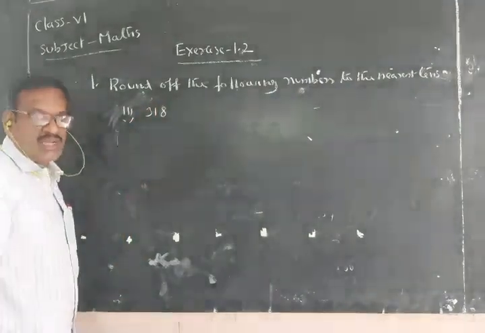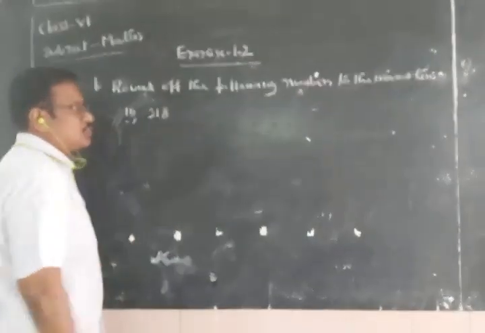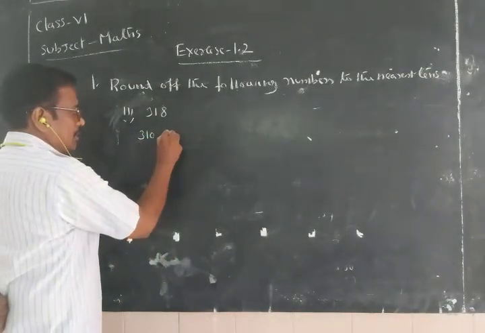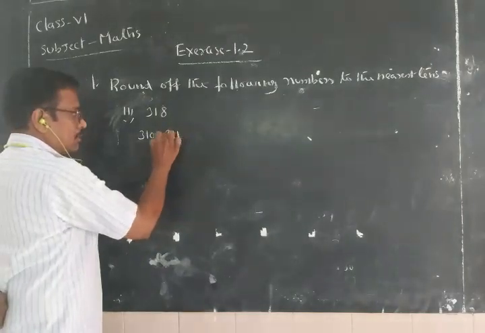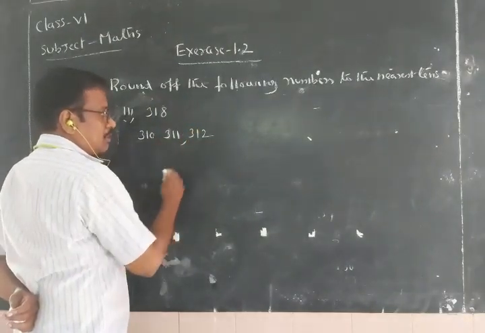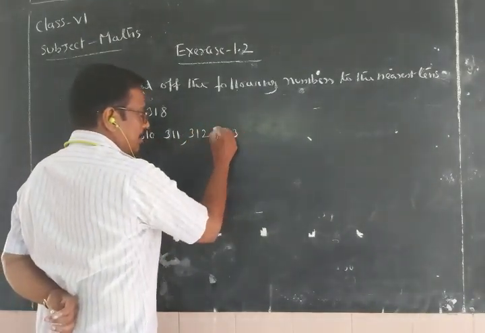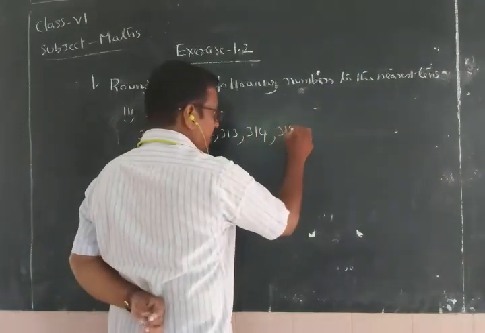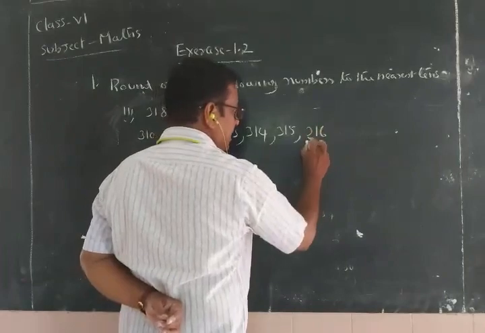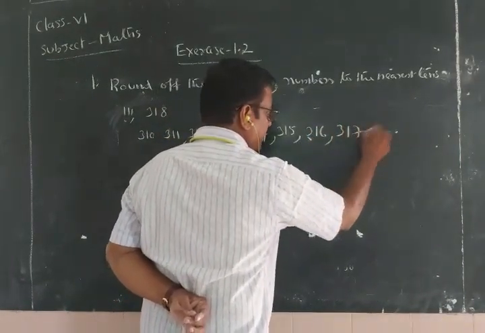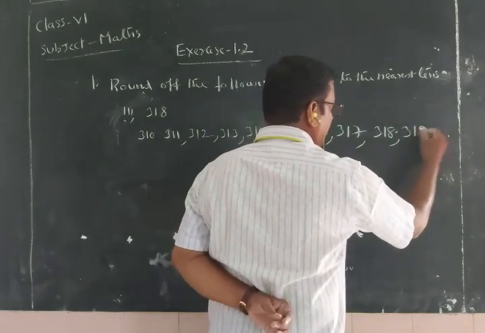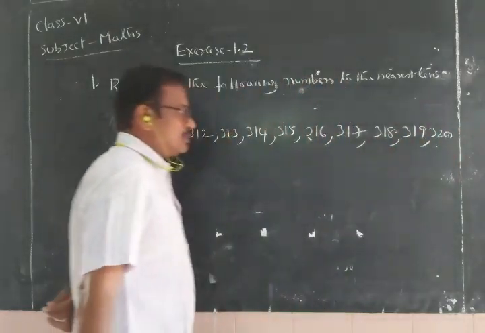Next sum, next number: 318. This is also nearest ten. First write 310, 311, 312, 313, 314, 315, 316, 317, 318, 319, 320.